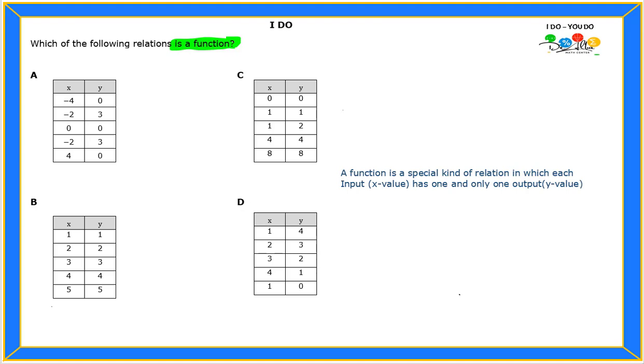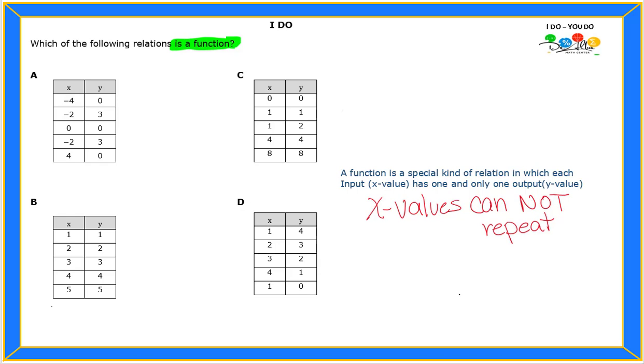So this basically means that my x values, okay, cannot repeat. Now, sometimes it's very easy to identify if x values are repeating, like in this problem, because the tables that are given to me is a very easy way for me to see if x repeats or not.